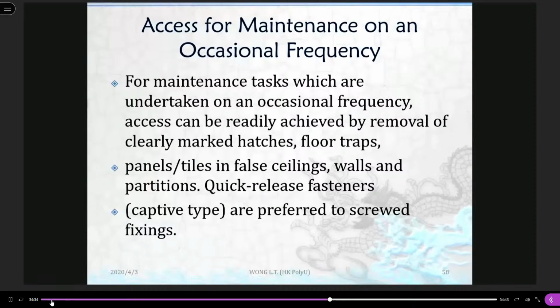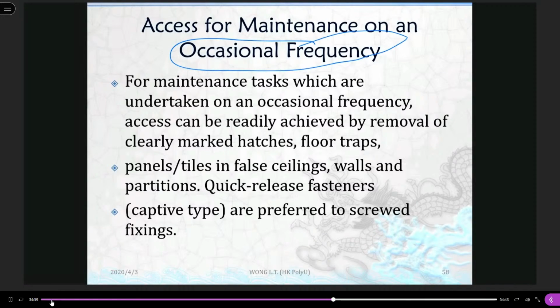For occasional access, just loosen the screw and detach it and then get access. It can be access panels, tiles in the floor, ceiling, or wall partitions, which can be operated by quick release fasteners, preferred over screw-driving fixing. So these are the suggested access methods for occasional frequency.